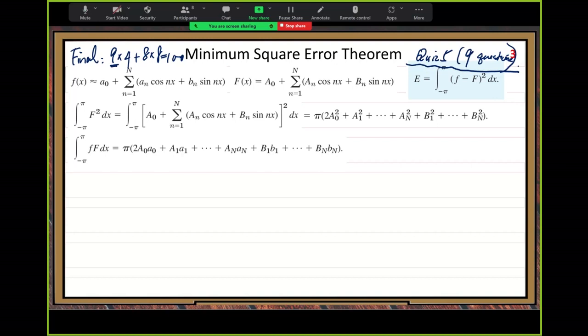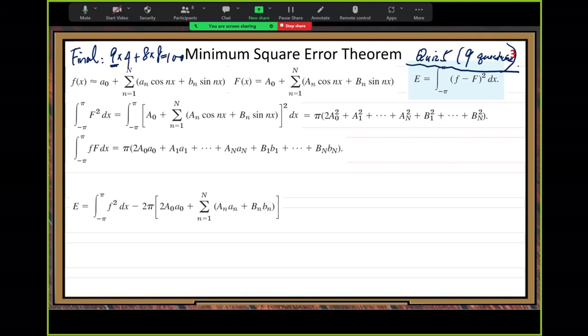You just take little f times a0, take the integral, you get this one. You put a little f here, you get a little a0 here, everywhere. So you get this expression.